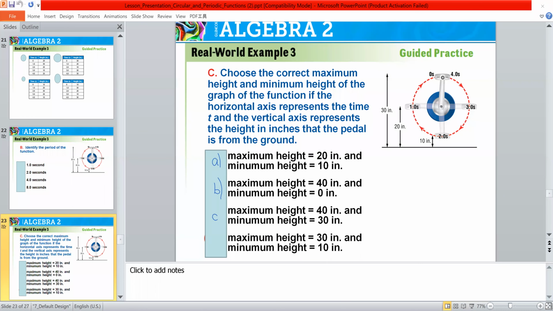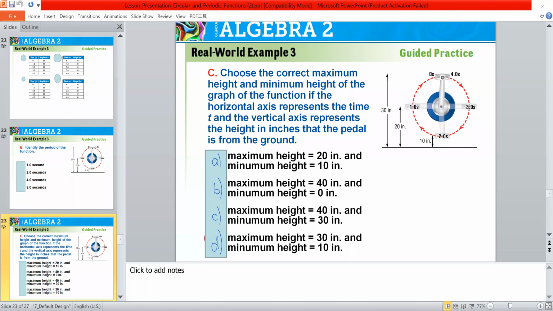So the maximum is 30 inches, at after how many seconds? At the beginning and the finish of the rotation, so after 4 seconds.